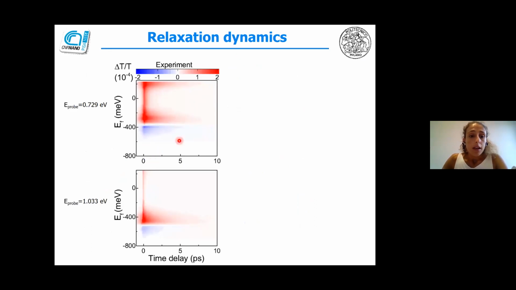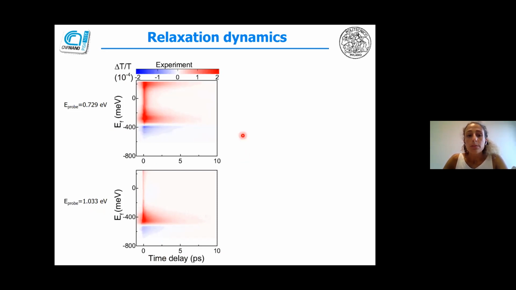So here I'm plotting the same data, transient transmittivity as a function of the time delay, for two different probe energies. We can see that we have the change of sign at half of the probe photon energy and the relaxation slowdown. What changes if we tune the probe wavelength is just the threshold at which this modification occurs.